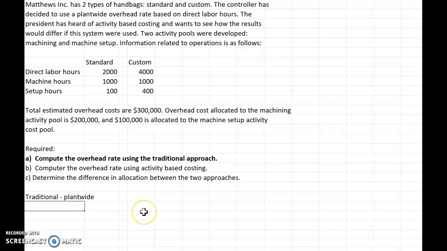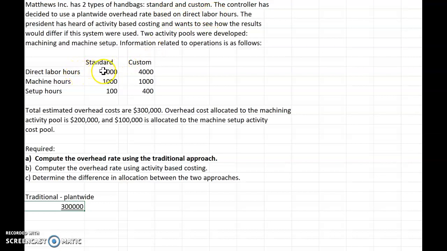So under the traditional, we would get a single rate by taking the total estimated overhead, which they told us is $300,000, and we would divide that by, here the information up above tells us that the plant-wide rate was based on direct labor hours.